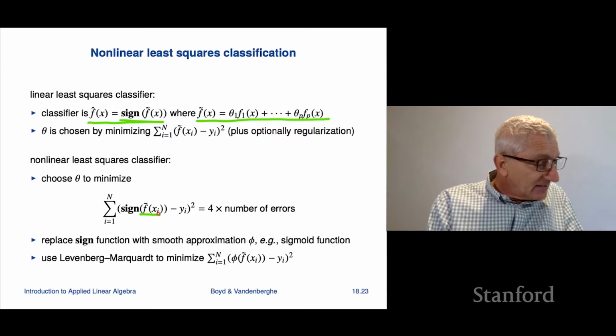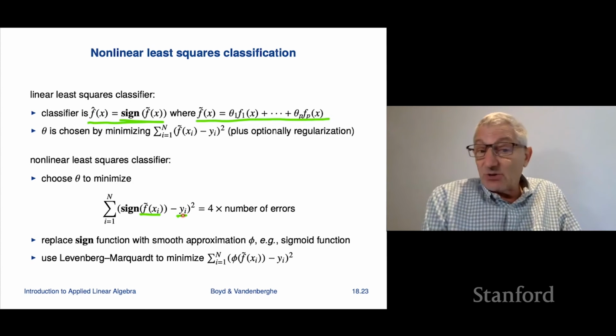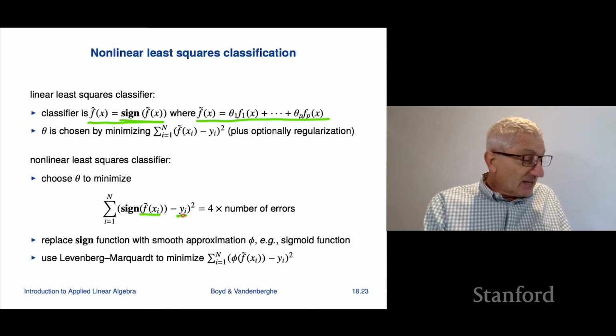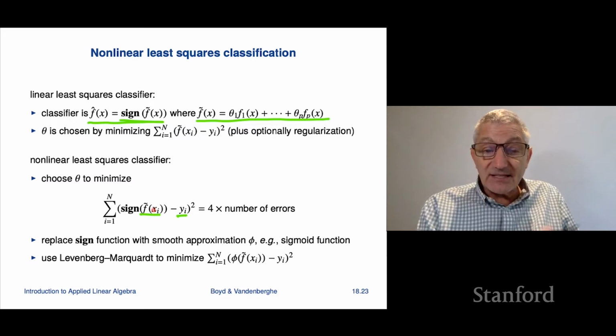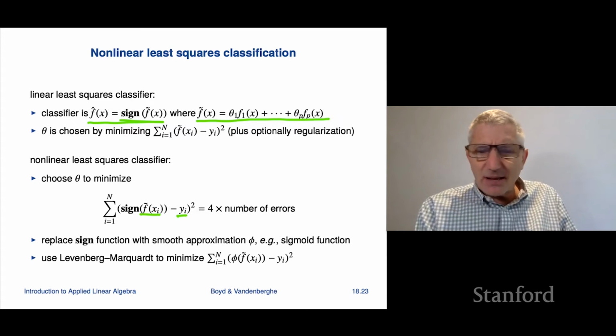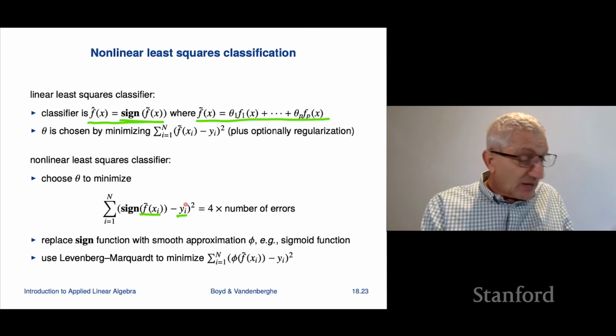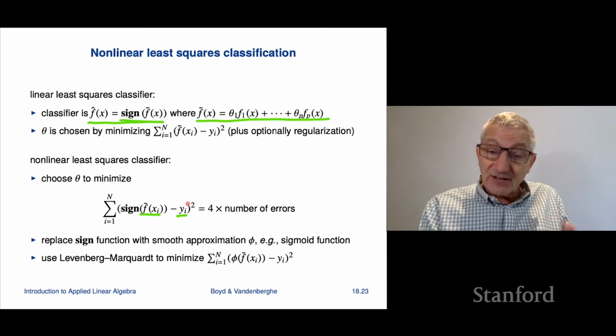Sign of f hat of xi has only two values, plus or minus 1. yi has only two values, plus or minus 1. So if I subtract them, you either get 0 if they agree, or you get +2 or -2, and those are the two cases when it doesn't agree. When you square +2 or -2, you get 4.